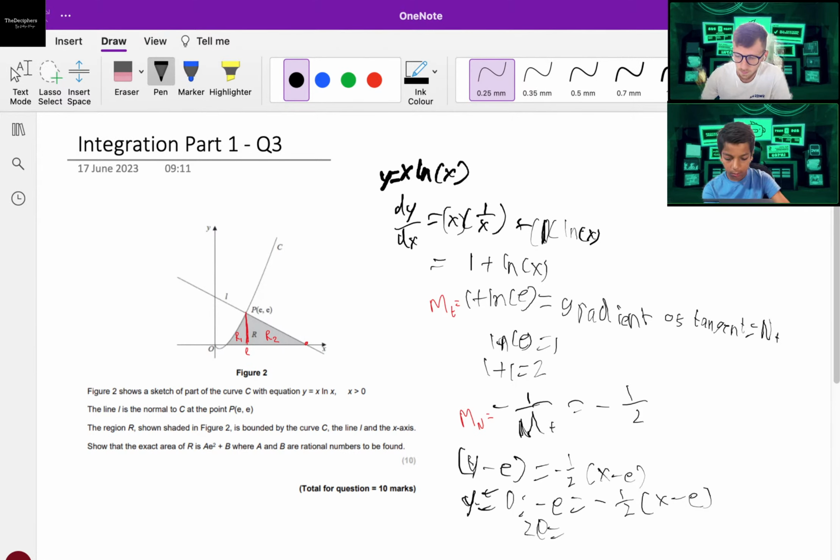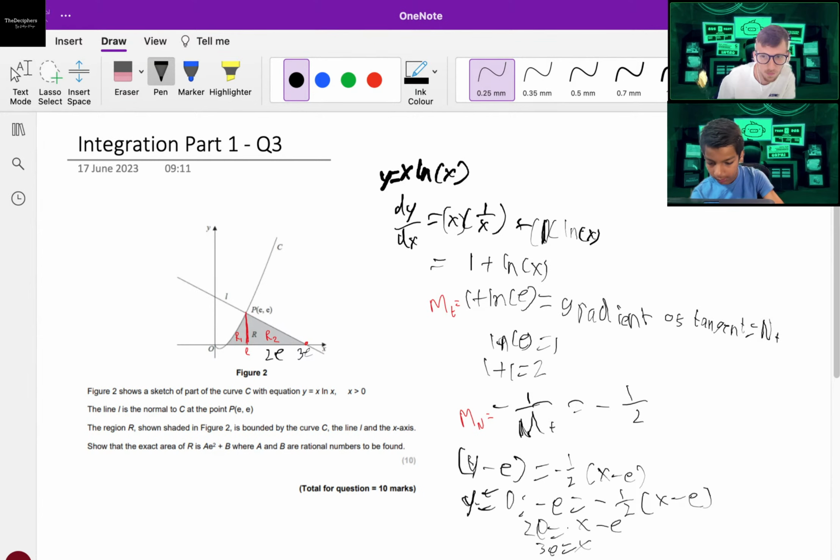So then 2e is x minus e. 3e is x. So that's it, 0.3e. Okay, so you're right. The base is 2e, so now we can find the area of that triangle nice and easily.